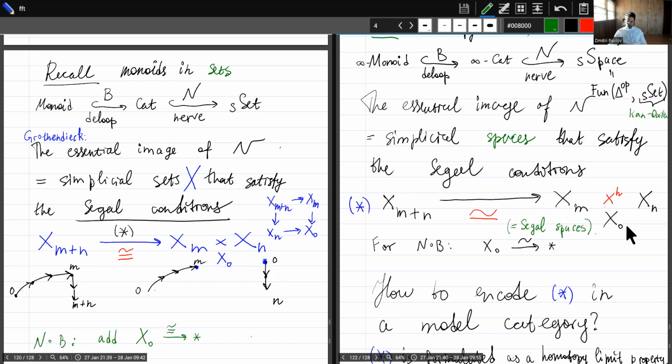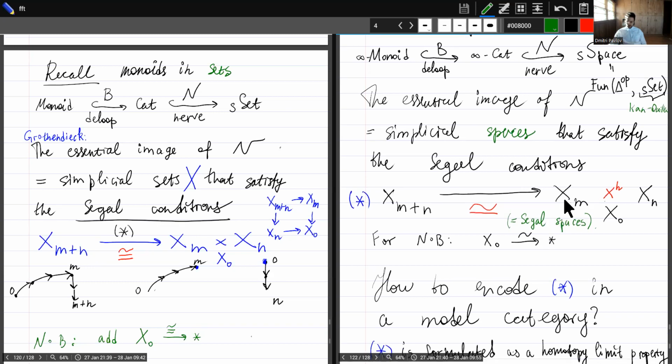But one problem is that if we single them out in this way, the result will not be a model category, for really stupid reasons, because objects that satisfy this property are not going to be closed under finite limits or finite colimits. And here I mean the strict limits or strict colimits. And in some cases, at least, we would like to have an honest model structure.